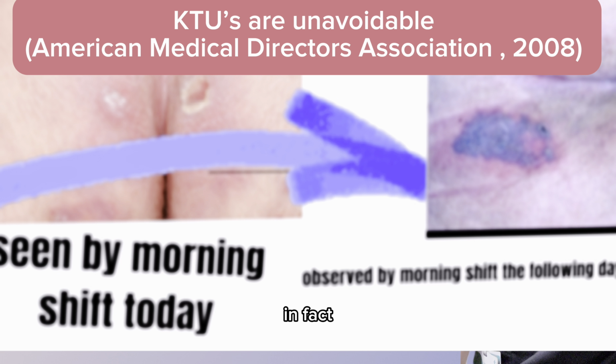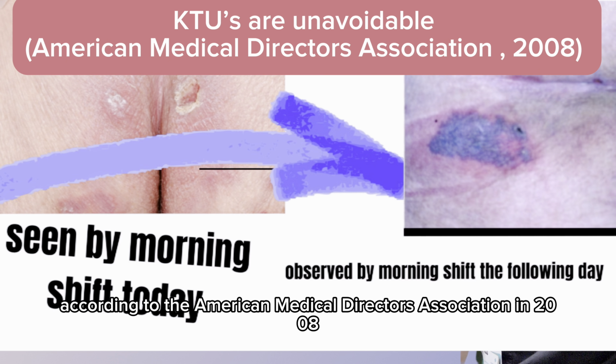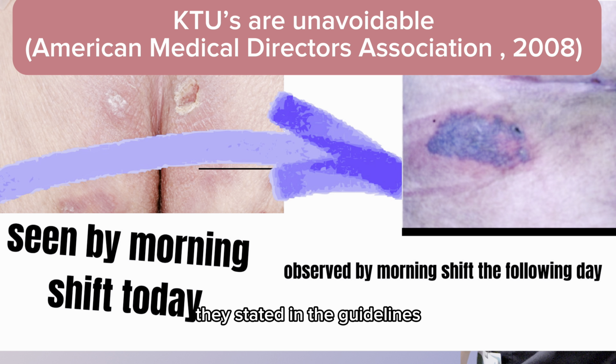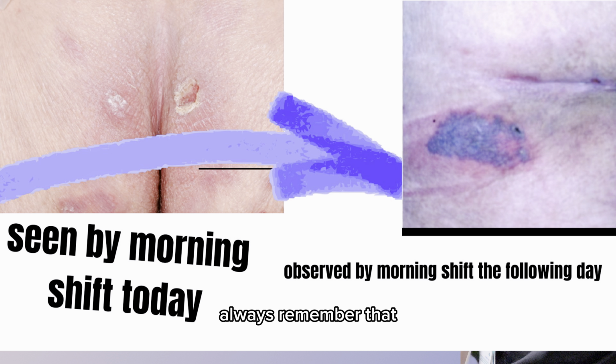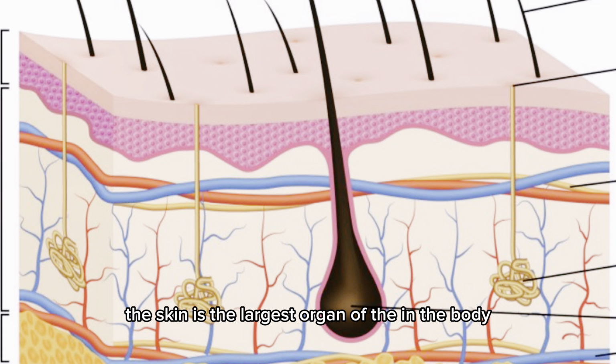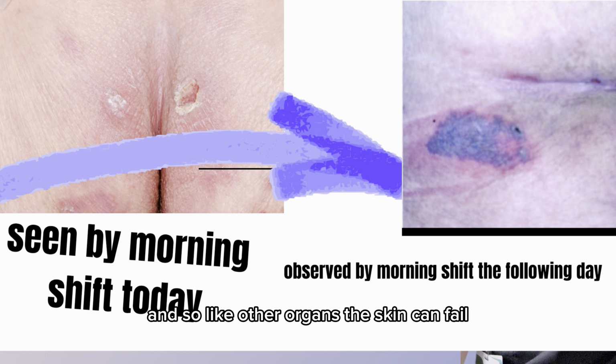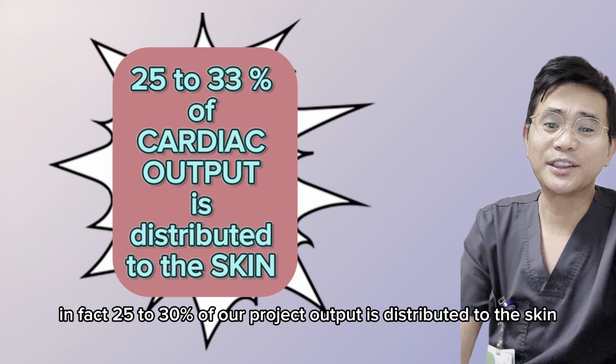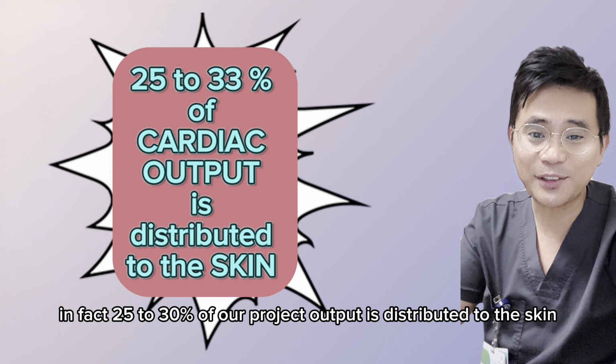In fact, according to the American Medical Directors Association, in 2008, they stated in their guidelines that KTUs are otherwise unavoidable. Always remember that the skin is the largest organ in the body, and so like other organs, the skin can fail. In fact, 25 to 30% of our cardiac output is distributed to the skin.